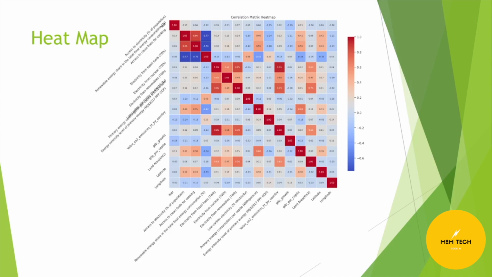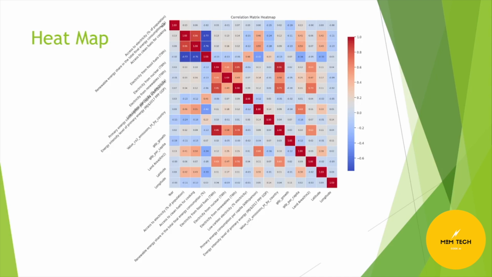The next high level of correlation I noted was the financial flows to developing countries and the electricity from fossil fuels. I think that indicates to me that most electricity in countries that are being financially supported is coming from fossil fuels currently.